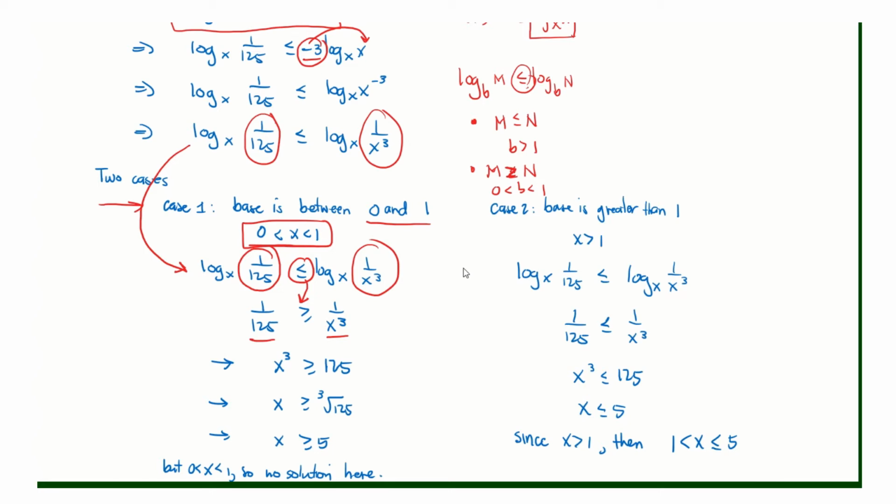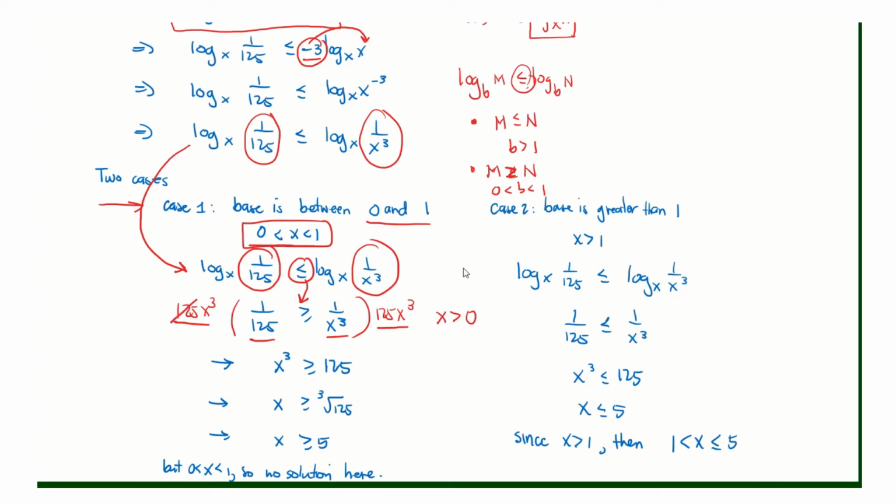And then we continue. If we multiply both sides by 125 and x cubed, and since x, remember the base x is greater than 0, we are sure that this is positive. So the inequality will not be reversed when we multiply by 125x cubed.